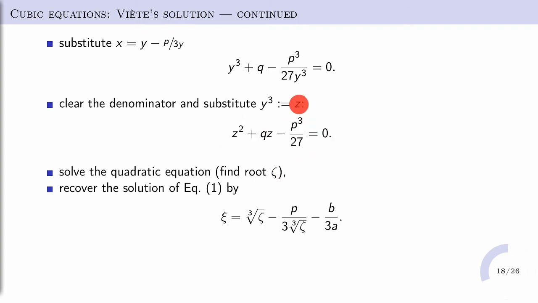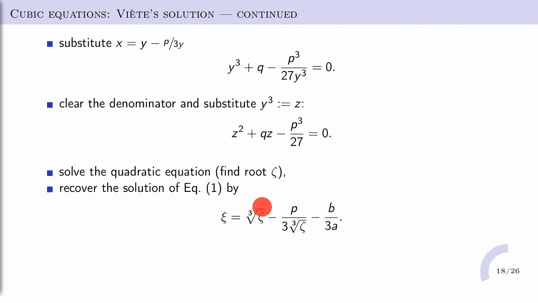Now, when we have the solution in z, we can trace back all the substitutions that we had here. So we have zeta, this is the solution for z. To get a solution in y, we just compute the cubic root of zeta.